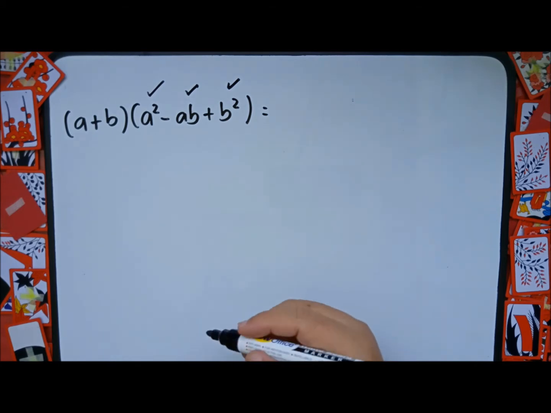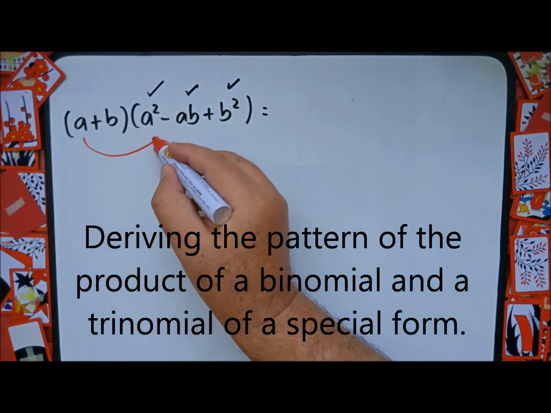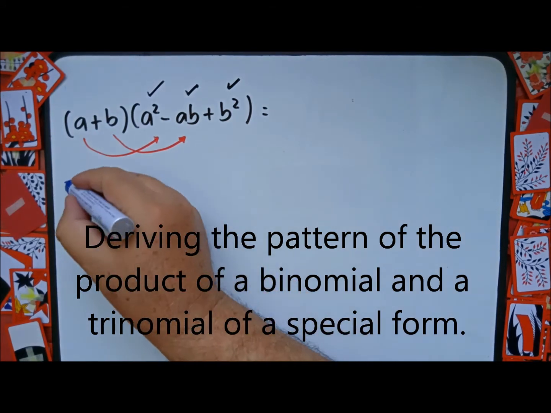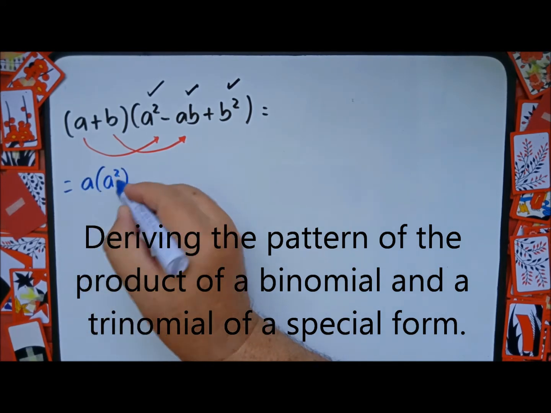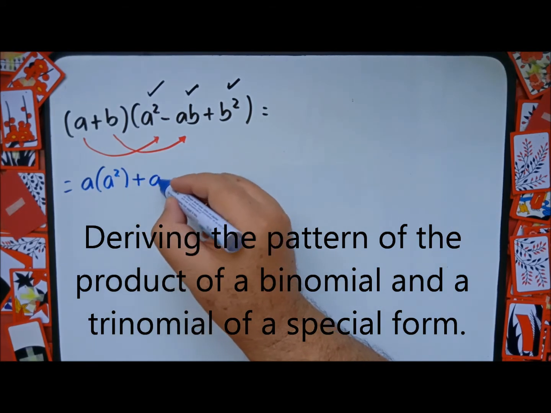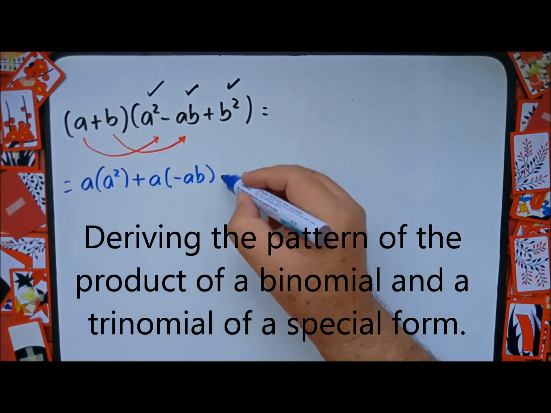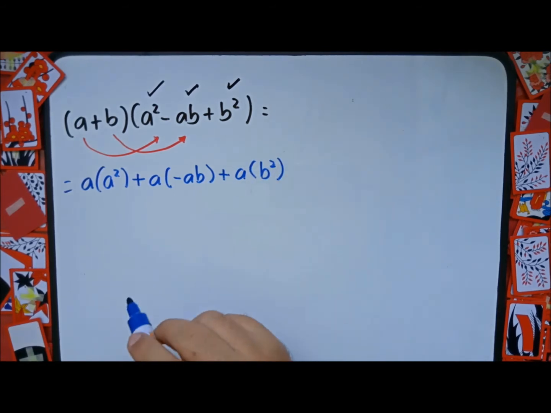Okay, now we will derive the same thing. We have to use the distributive property. A times the whole set, then b times the whole set. So, this will become a times a squared plus a times negative ab, second term is negative, plus a times b squared.